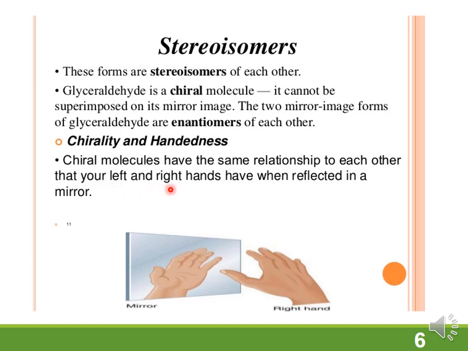But when we place our hands over each other, they are non-superimposable, meaning our thumb goes away. Similarly, our forefinger goes away from the other fingers. That is why this is called chirality, handedness. Socks and shoes are all chiral objects.